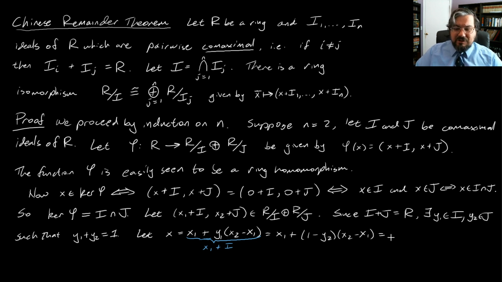So the x1s are actually going to cancel. We're going to be left with x2 minus y2 times (x2 minus x1). But the point here is that this belongs to x2 plus J, because y2 belongs to J.